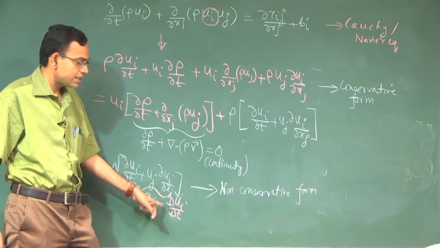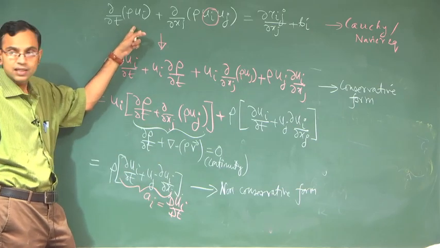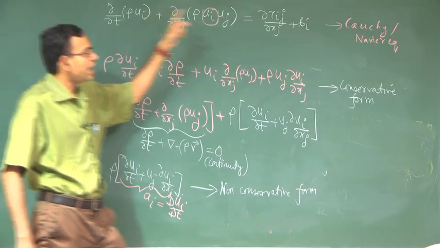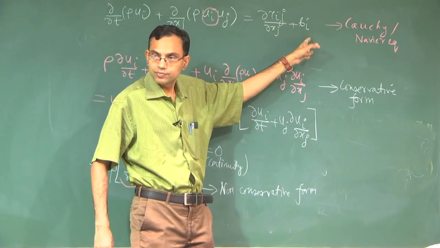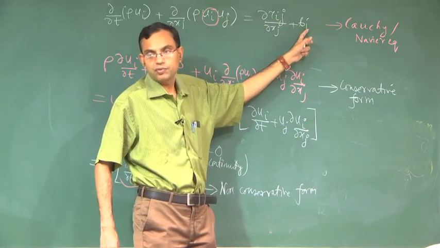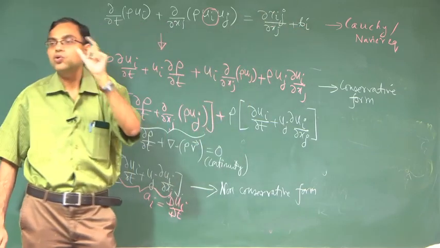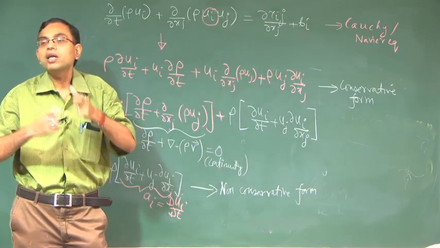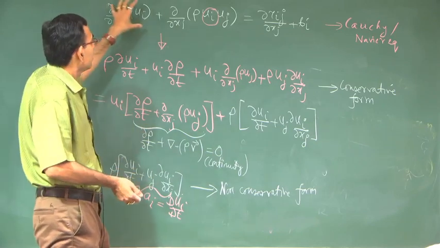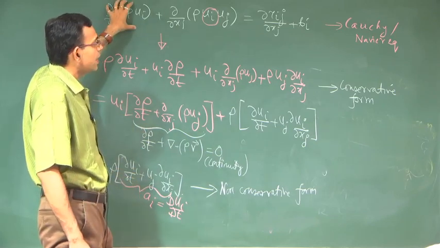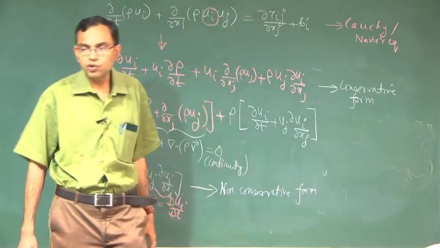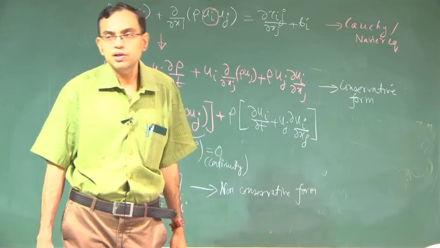So, mass into acceleration. This left hand side therefore is mass into acceleration per unit volume, and the right hand side is force per unit volume. One is surface force per unit volume, another is body force per unit volume. So, this is essentially Newton's second law written in Eulerian coordinates, nothing more than that, where this is mass into acceleration per unit volume, this is force per unit volume. With this little bit of note we stop here and we will continue in the next lecture.